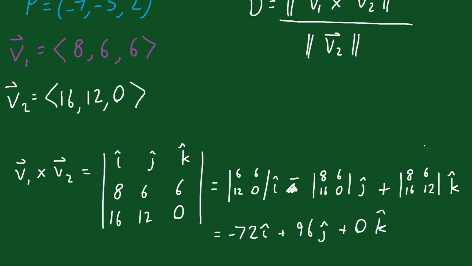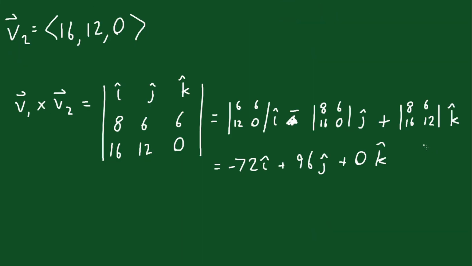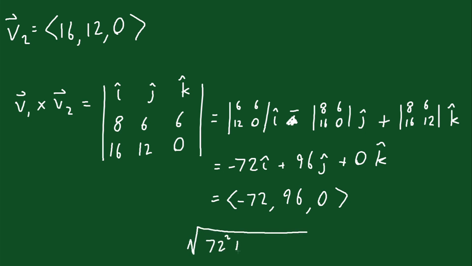Okay, so let's get back to our cross product here. This means we have the vector negative 72, 96, and 0. Perfect. Now, we have to take the magnitude of this. How do we do that? Well, we take the square root of 72 squared plus 96 squared plus 0 squared.